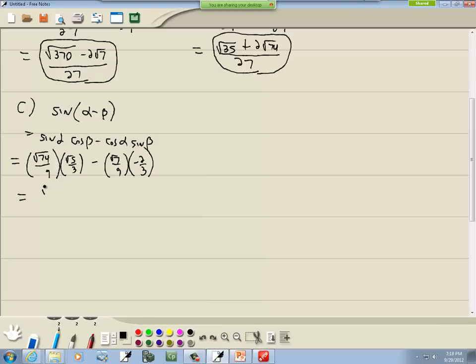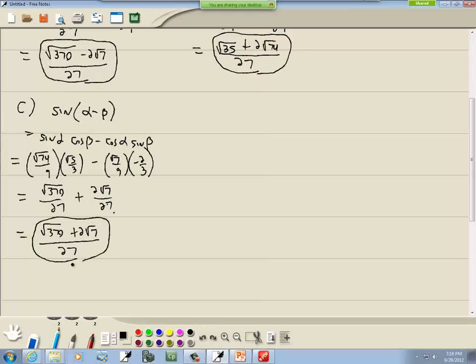And that gives us 370 over 27. Negative negative is positive, 2 square root of 7 over 27. So then that becomes square root of 370 plus 2 square root of 7 over 27. And that's your answer.